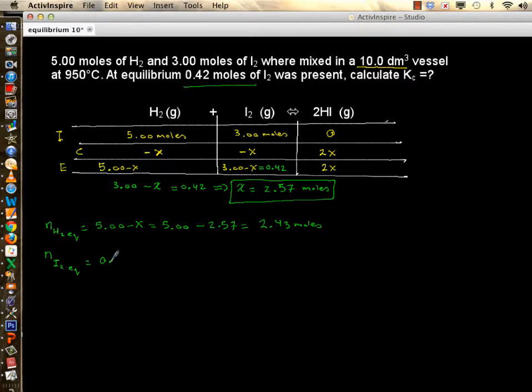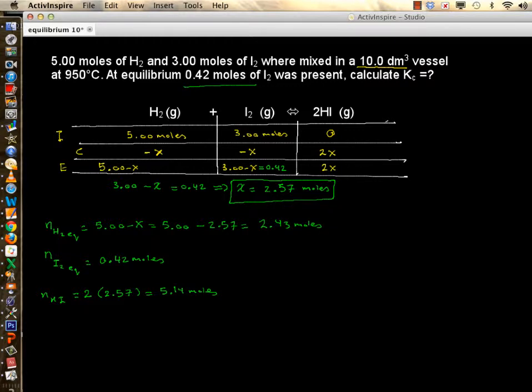Just be careful. It's 0.42 moles. Moles of hydrogen iodide is twice X, 2 times 2.57, which is 5.14 moles.